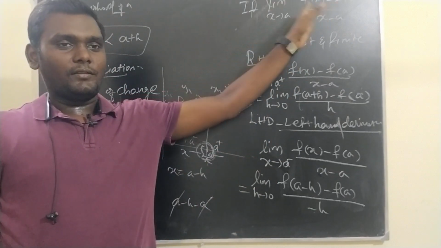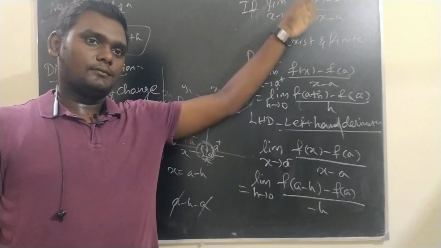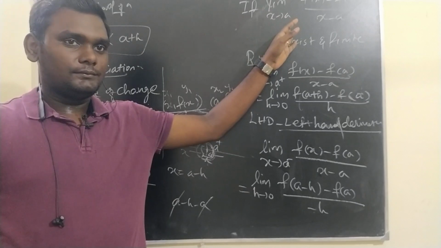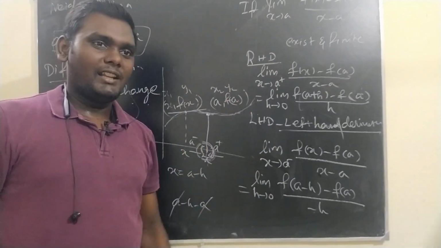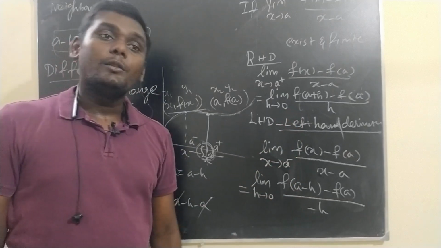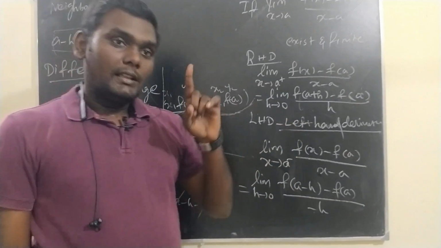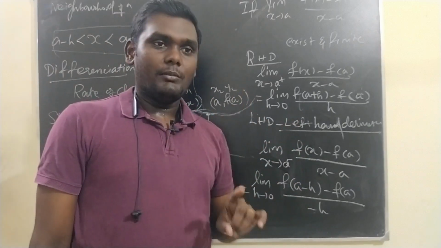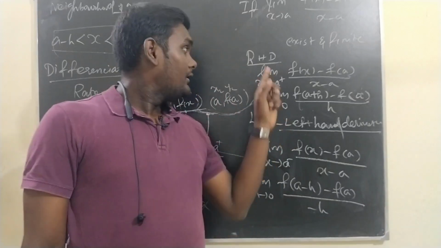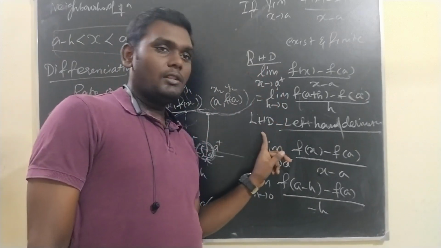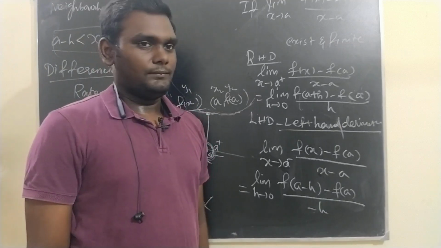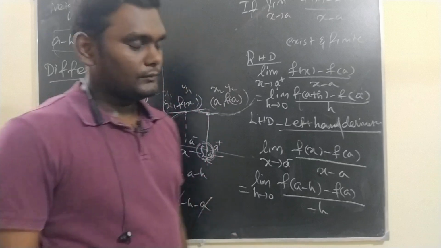We check whether the slope of the tangent exists and is finite. Suppose it has two different values. It has a break maybe. So then we have a left hand derivative and a right hand derivative. We say that type of function is derivable when the right hand derivative is equal to the left hand derivative. Then only we can say. Otherwise, we can't say. Clear?